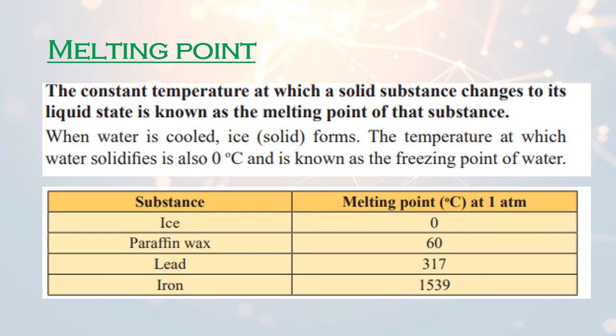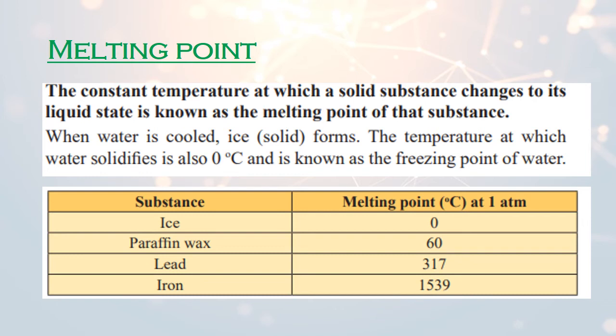This process is called freezing. The temperature point of this process is called the freezing point. This is actually 0 degrees Celsius. And the temperature at which solid ice cubes change to liquid water is called the melting point. This is also 0 degrees Celsius.